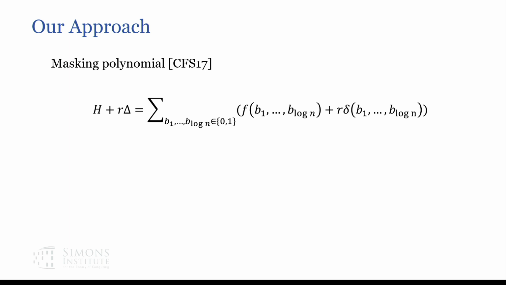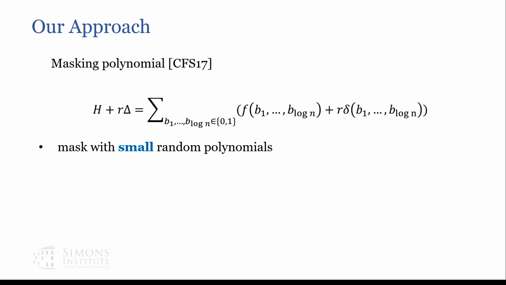But in the original paper, they just use a random polynomial that is of the same size as the original polynomial. Because of that, the commitments and opening are not very efficient in practice. So in our paper, we show that it suffices to mask with a very small random polynomial in order to achieve zero knowledge.